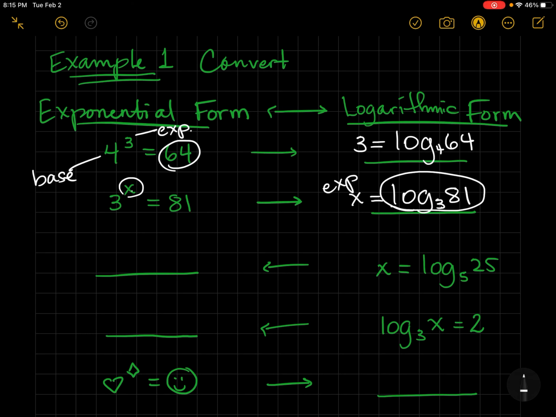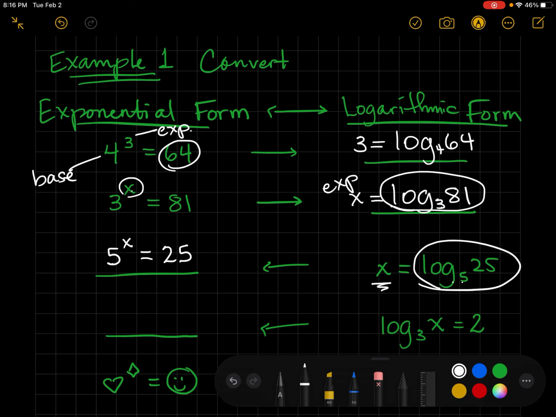Alrighty. So we start with the base. Remember, the log equals the exponent. So that's our exponent. The only number left is 25. So what we can see is log base 5 of 25. Did you hear how I said that?